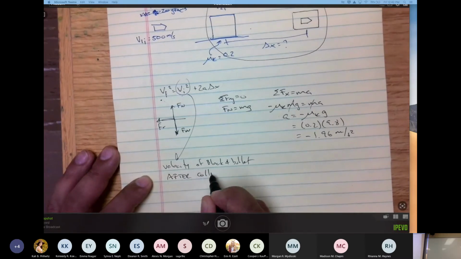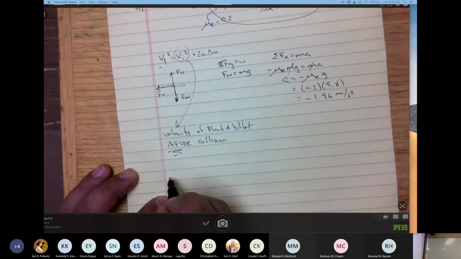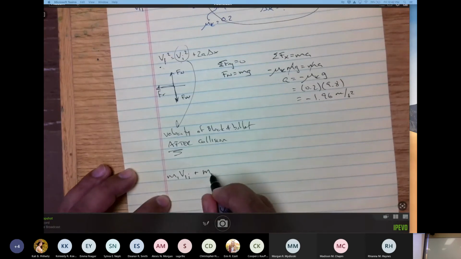Okay? So what I'm going to do to find that velocity is to look at the conservation of momentum. The conservation of momentum says, okay, I have the bullet, the momentum of the bullet moving at 500 meters per second, plus the momentum of the block, which is 0, and that has to be conserved.